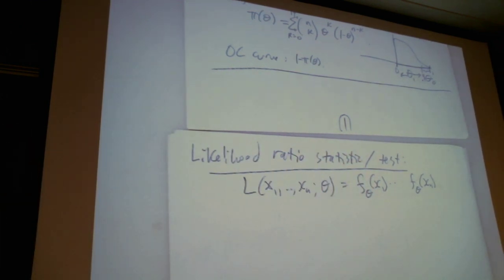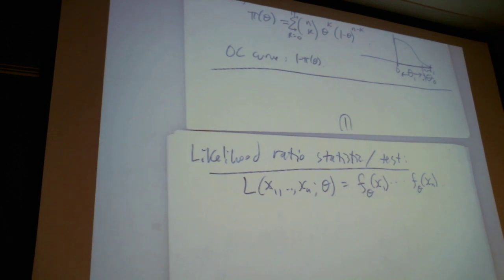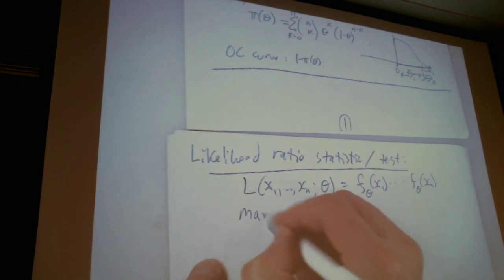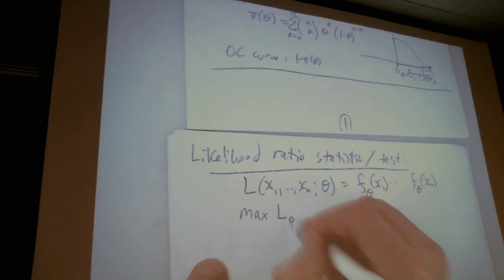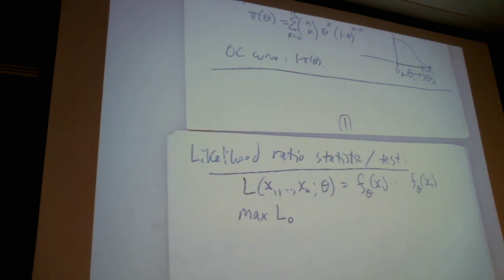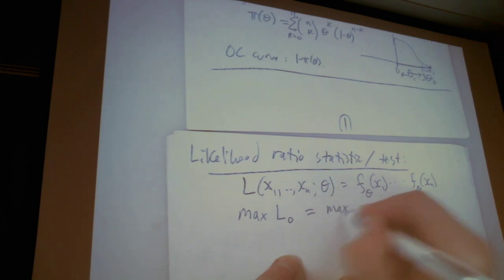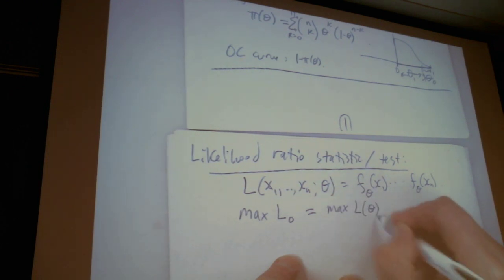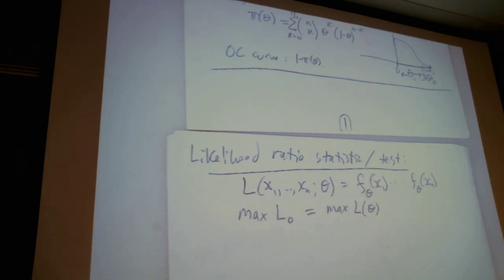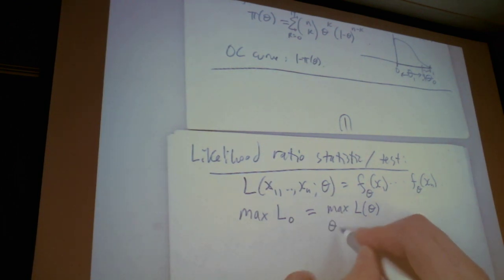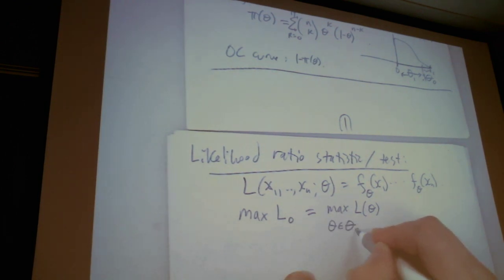That theta is the value of the parameter. And then we talked last time, or a couple of times ago, about max L of theta. This is the maximum value of L, I'll drop the x's if I don't need to speak of the x's, among all thetas in the null hypothesis.